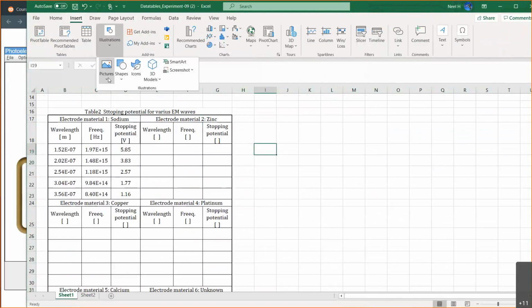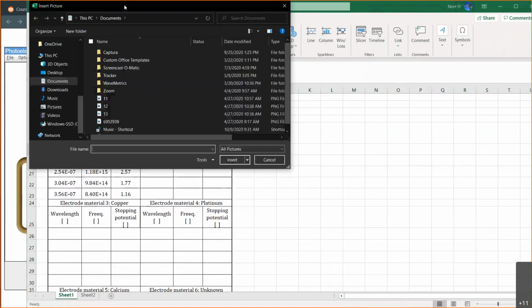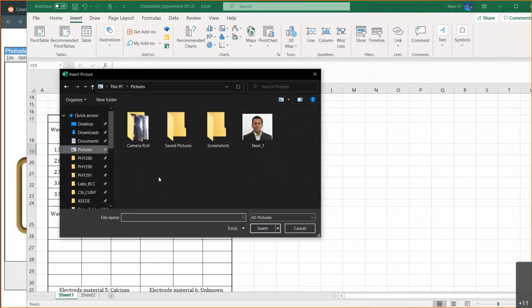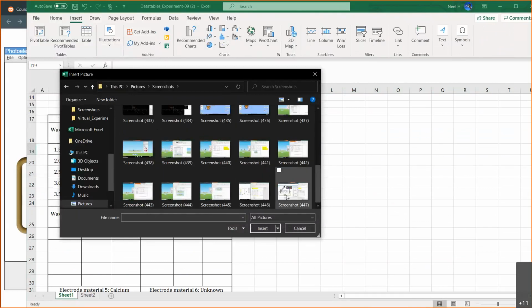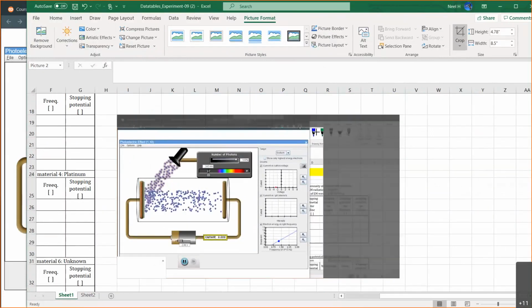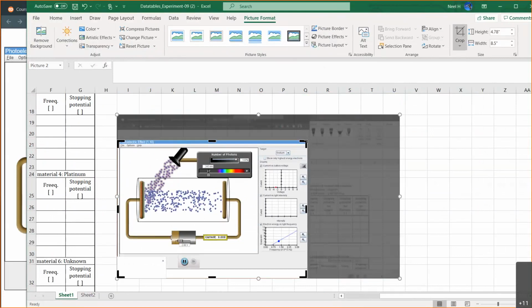Insert illustration pictures. No? We also need the earlier picture, so let me bring that too, because you need that for the procedure section. Let's include that also. So that is for the procedure section.